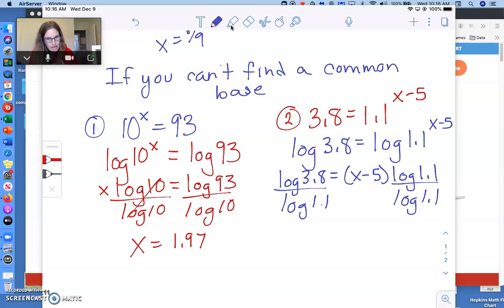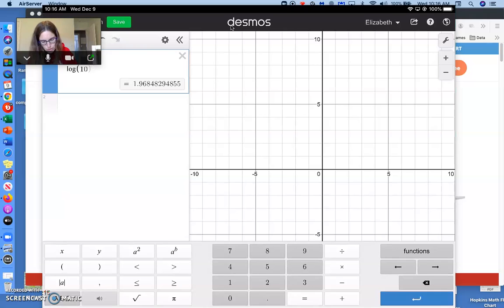So now I have the log of 3.8 divided by the log of 1.1. That's 14.01.